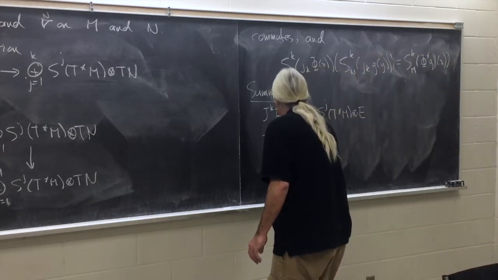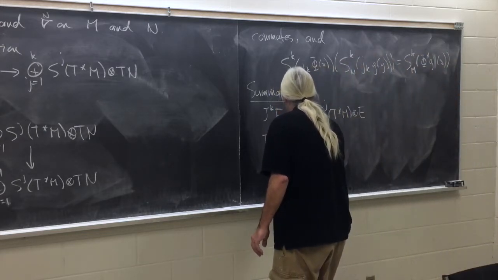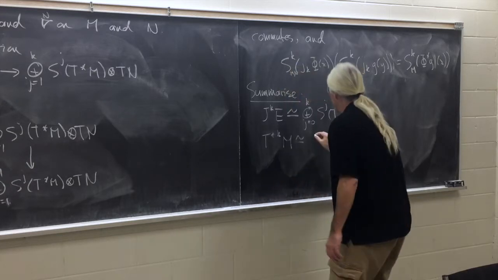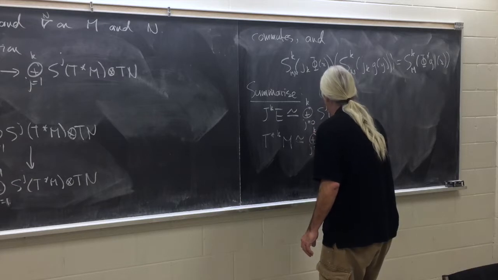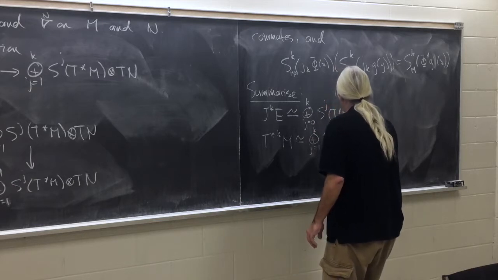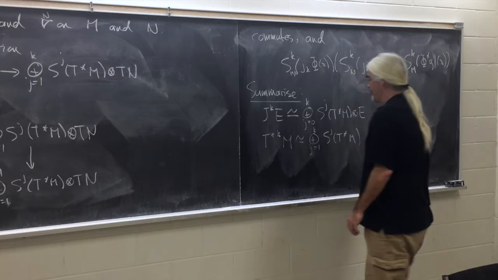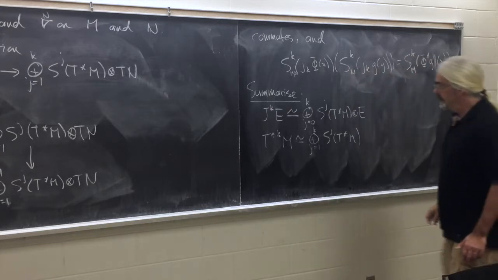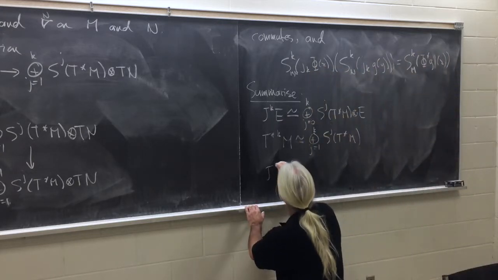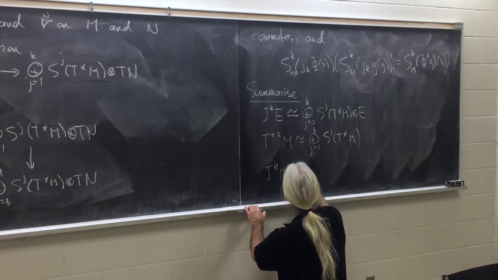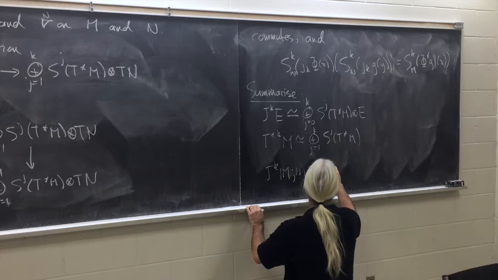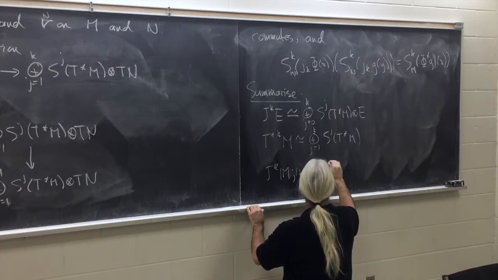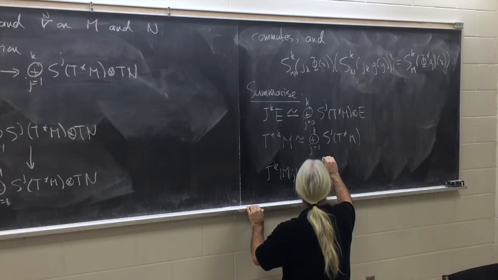In this case of kth order tangent vectors, we have this. And then for jets of mappings between manifolds, we have this.